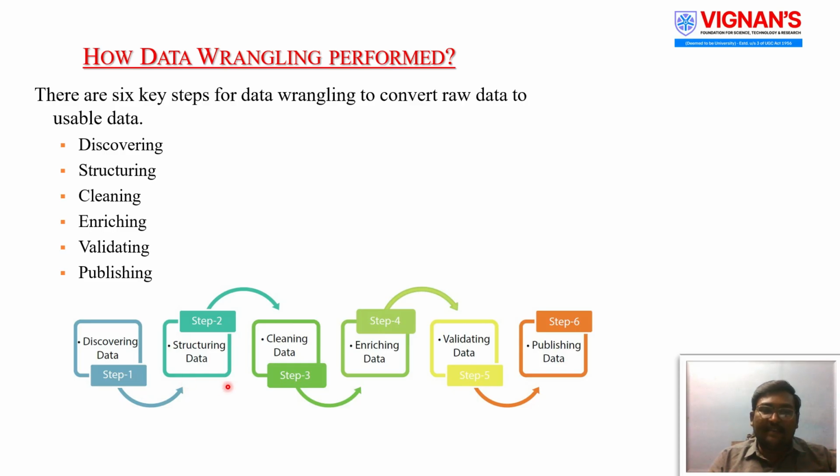And then next, cleaning the data, enriching the data, and validating the data, whether it is useful or not. We have to extract the useful data only. Irrelevant data we can remove from those data sets. And then finally, publish the data. All these tasks help to make a useful data set and get a reliable product.